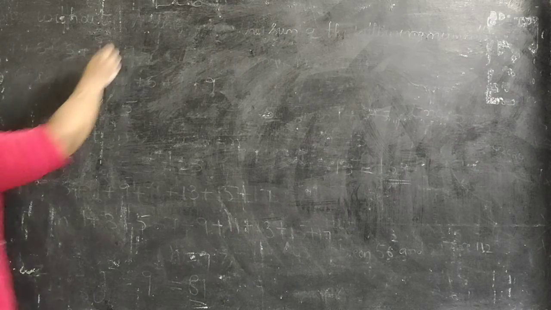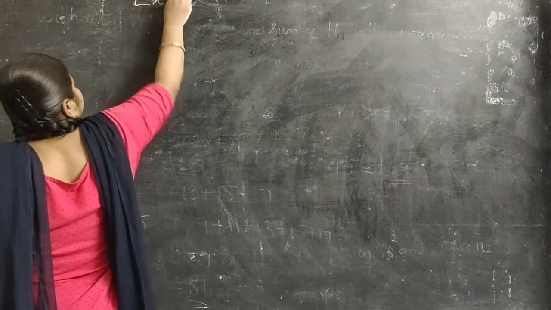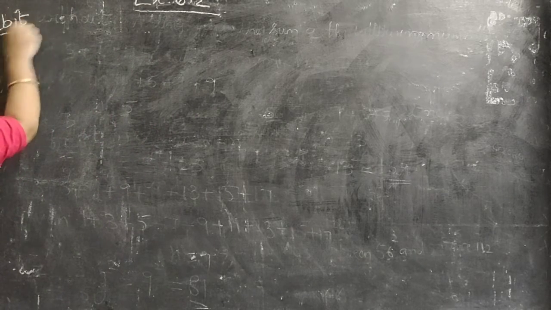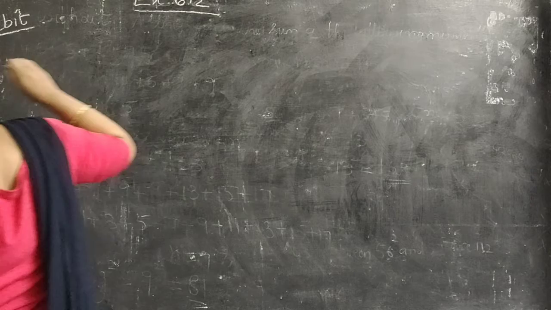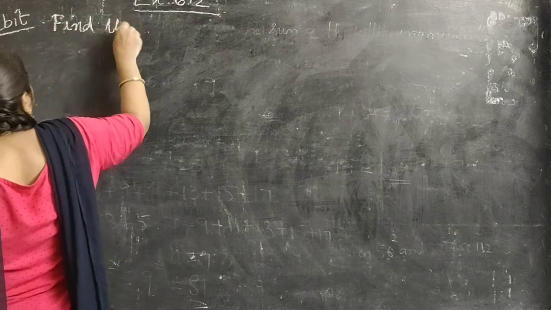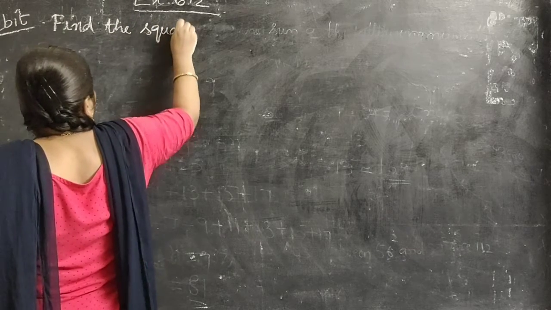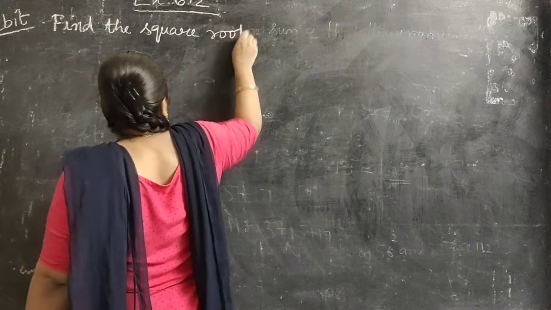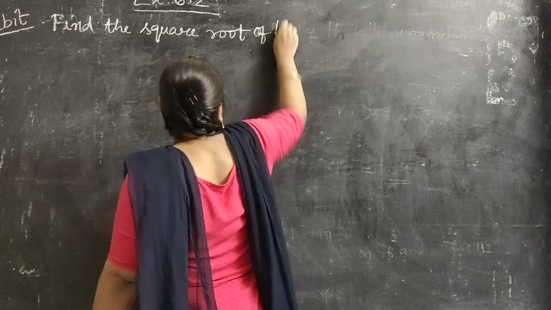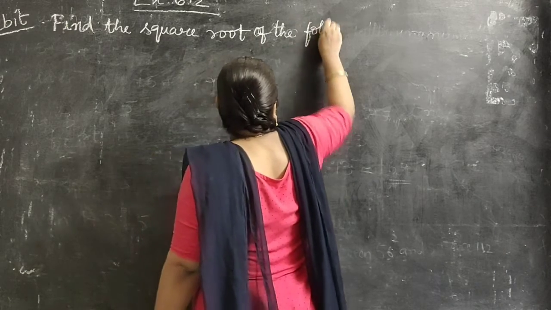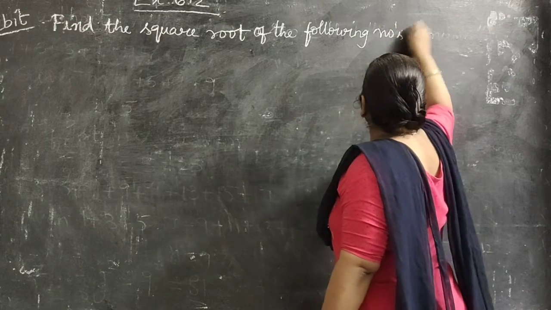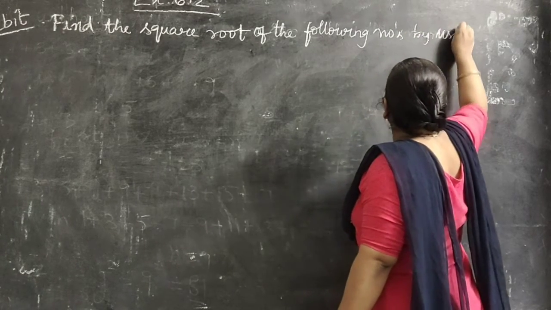So first bit, find the square root of the following numbers by using the prime factorization method.